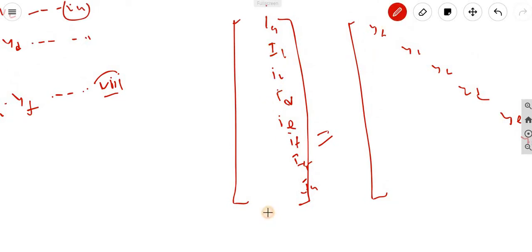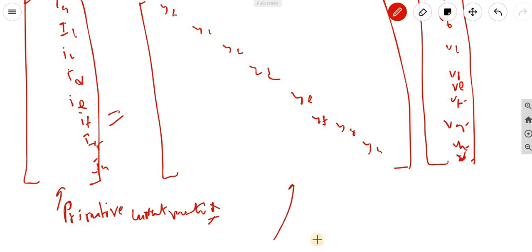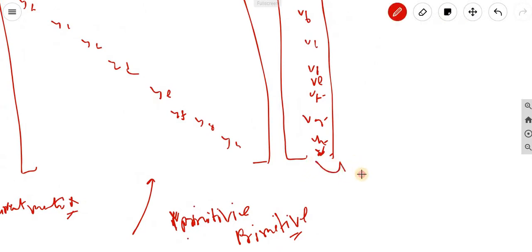This is called the primitive current matrix, I primitive. This is called the Y primitive matrix, Y meaning admittance, and this one is called the E primitive, the branch voltage matrix. Primitive here means the basic branch quantities.